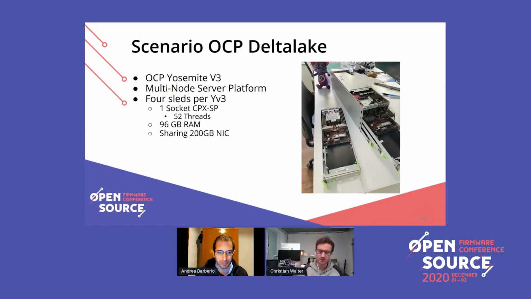So as you can see on the right-hand side on the picture, there go 4 slots into that server system, into that multi-node. Each of those has one socket system, which is a Cooper Lake Xeon SP CPU on it, 52 threads, so that's something that you can actually work with. It has around 96 gigabytes of RAM, and they all do share the same 200 gigabit NIC.